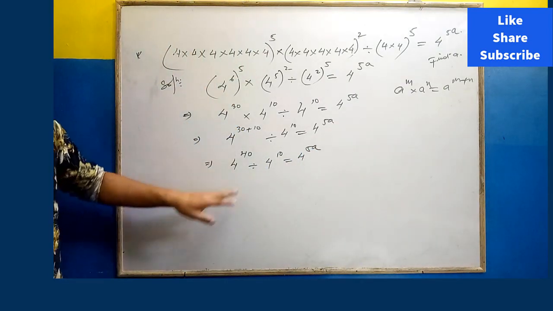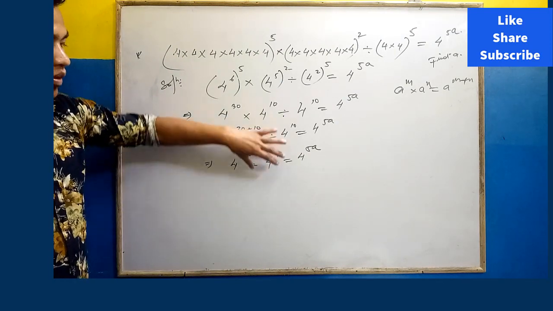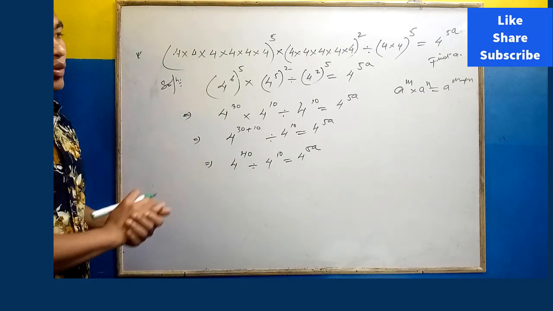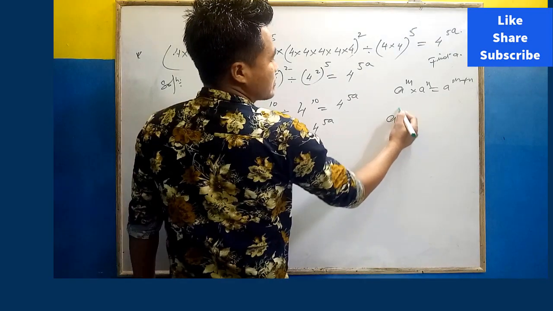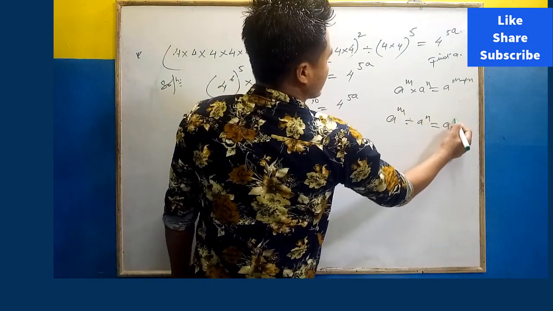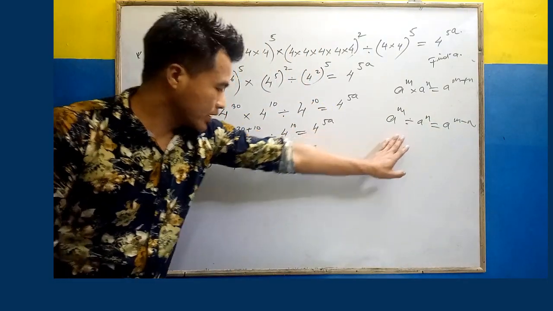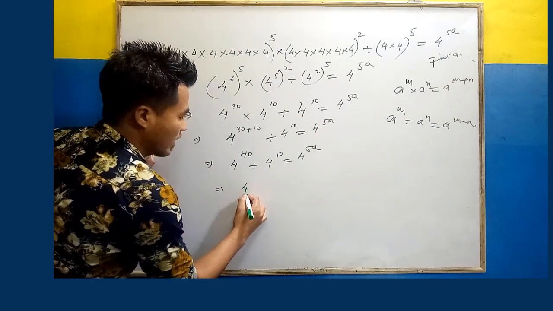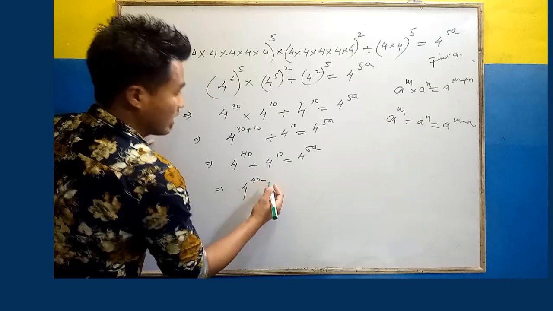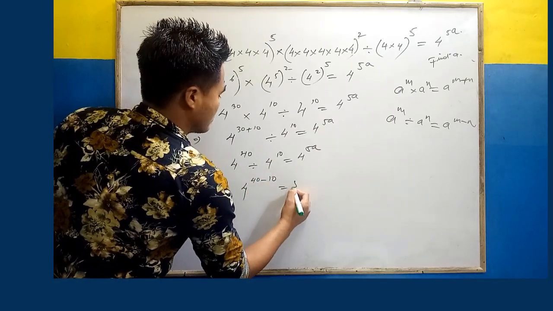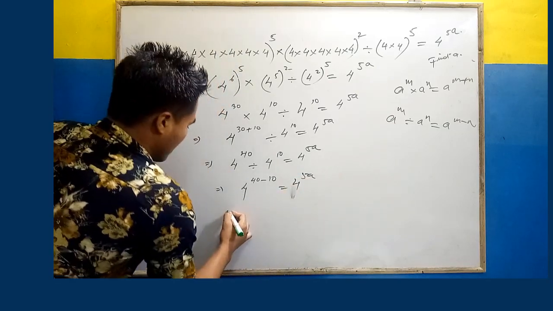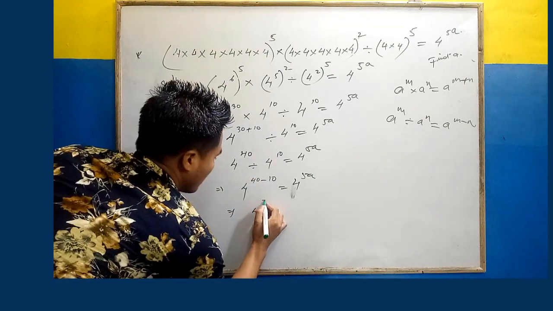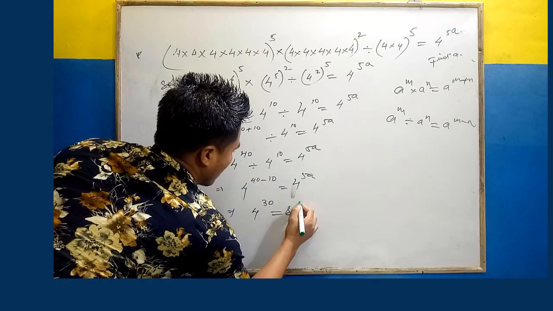Again the bases are same, powers are different, and we have a divide sign in between, so we use the law a^m divided by a^n is equal to a^(m-n). So this is 4 to the power 40 minus 10, which gives 30, equal to 4 to the power 5a.